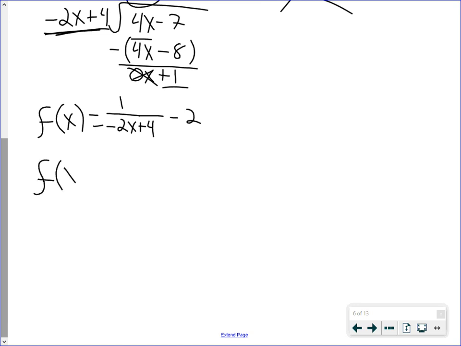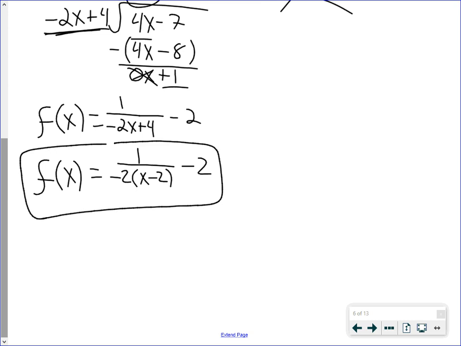So when we take out that negative 2 in front of the x, we're going to divide everything that's left over by the negative 2. So negative 2x divided by negative 2 is just a 1, and 4 divided by negative 2 is negative 2. So we just pulled out that negative 2, and that's what we're left with. And now this is actually in the form that we want. So that is going to be our answer.